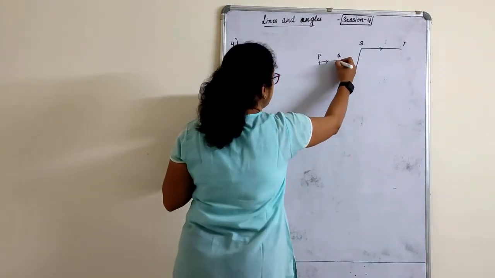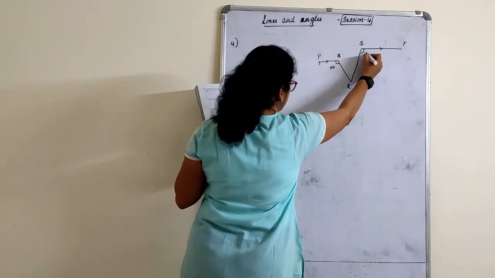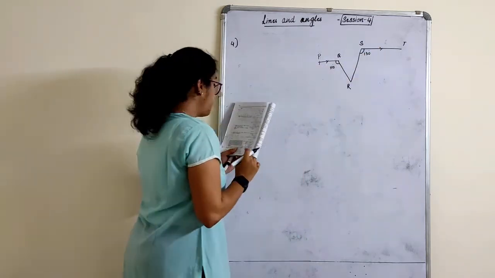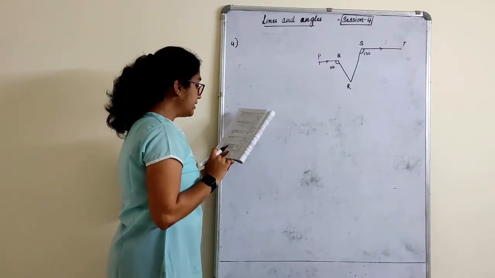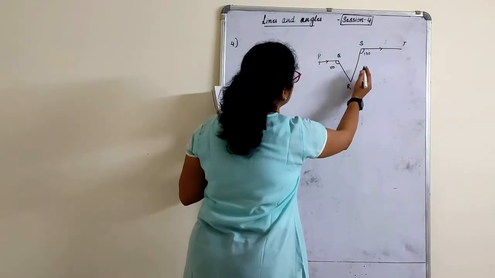We've been given some angles. Let's mark them, 110 and 130. Find angle QRS.